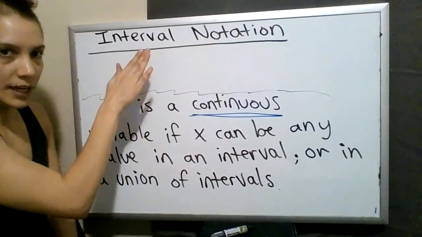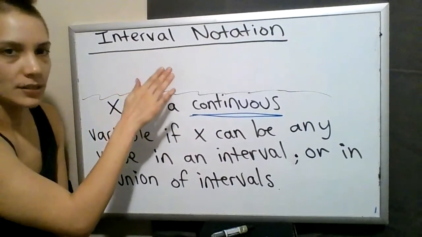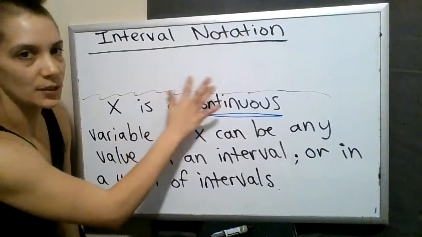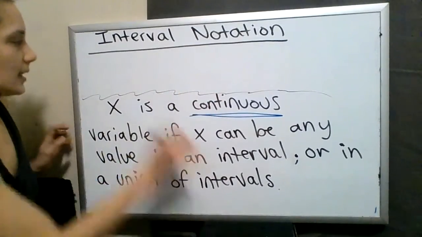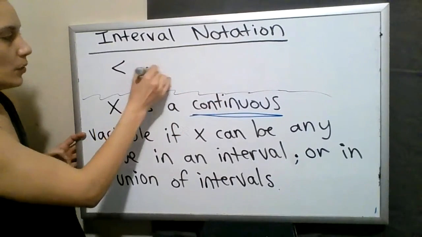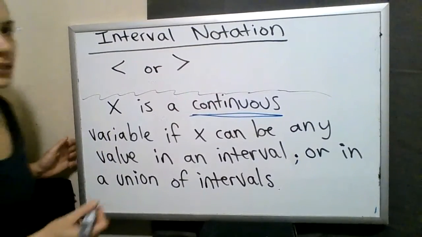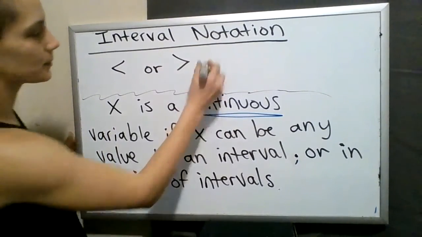We're in interval notation now, and I want to introduce strict inequalities. Like this symbol or that symbol. Those symbols are strict inequalities.